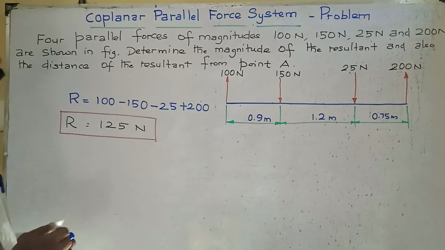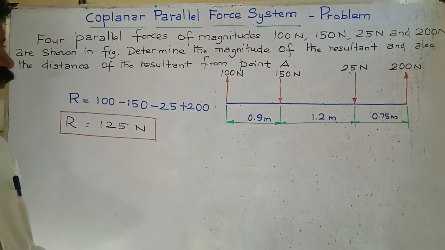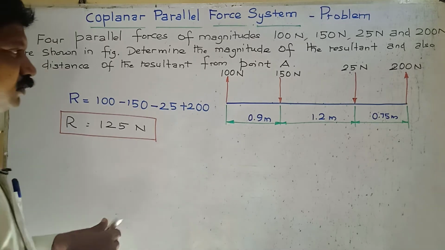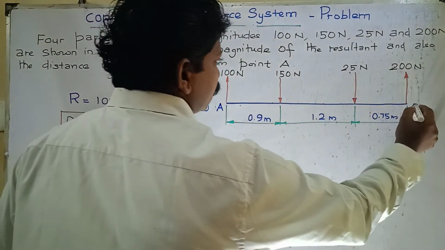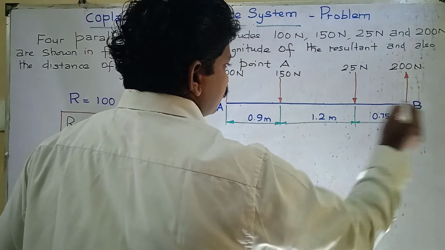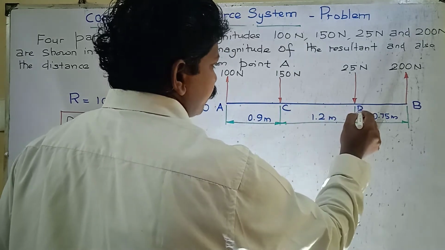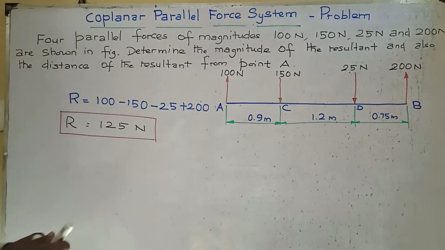Now the next step: find the position of the resultant from point A. We know the formula: moment of all the forces about any one point equals the moment of the resultant about that point.